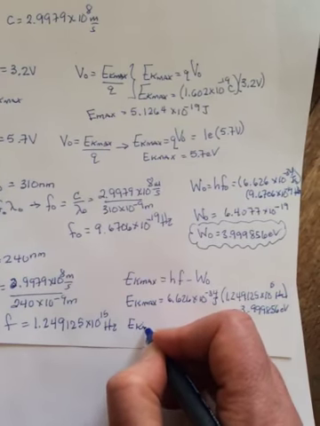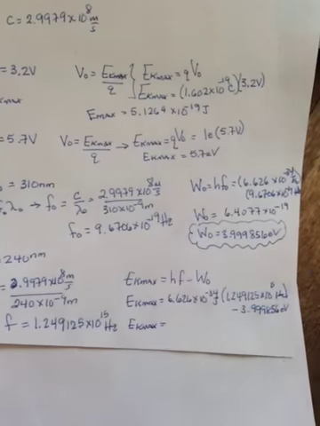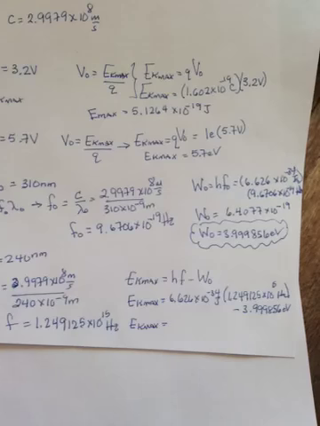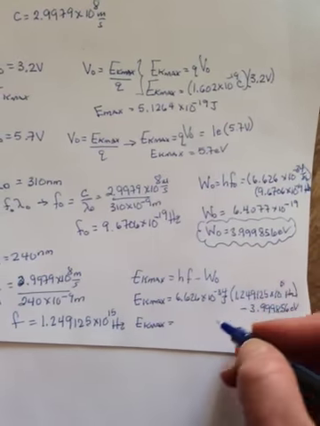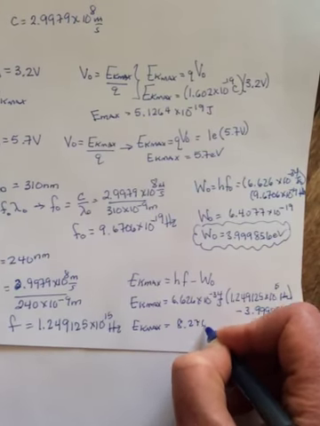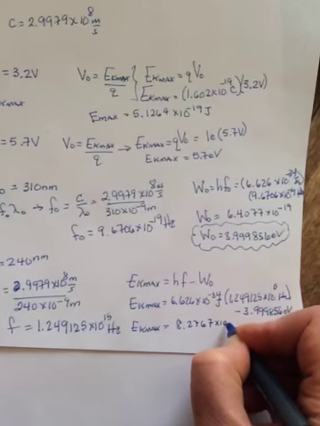So first step is to do this first term, and it's going to be in joules. So 6.626 to the negative 34, and our joules are going to be 8.2767 to the negative 19.